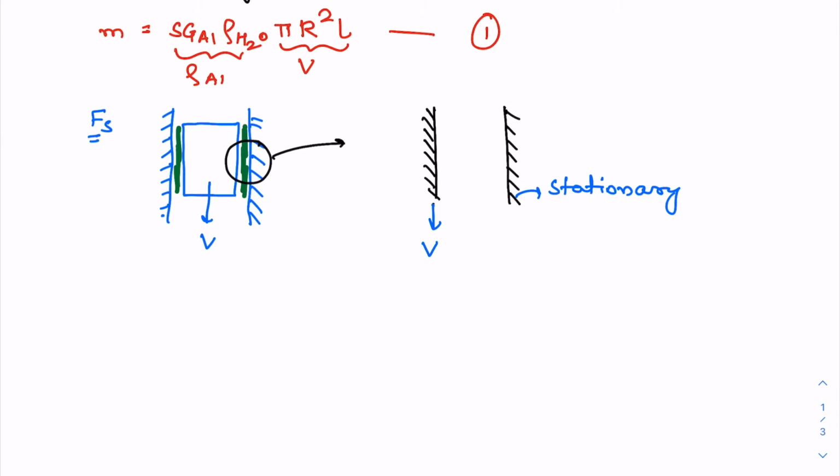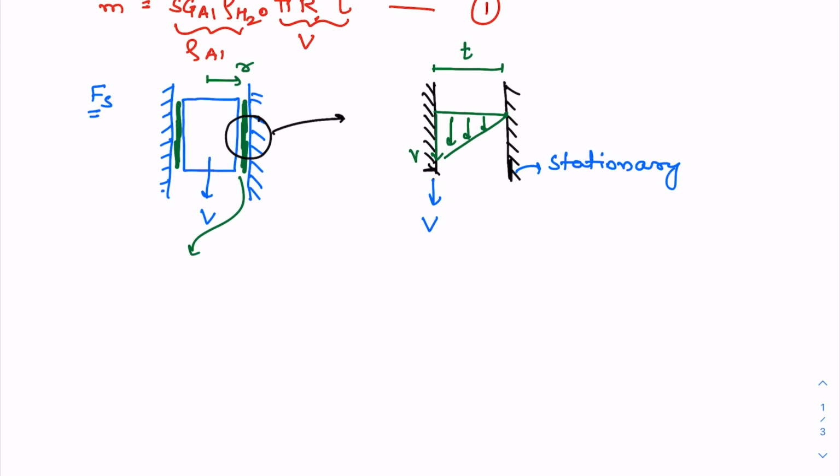Because of the no slip boundary condition, the velocity of the fluid near the tube is zero, while the velocity of the fluid close to the piston is exactly v. In between, the velocity varies linearly like this. This is the radial direction, and let's say the thickness of the film is T.